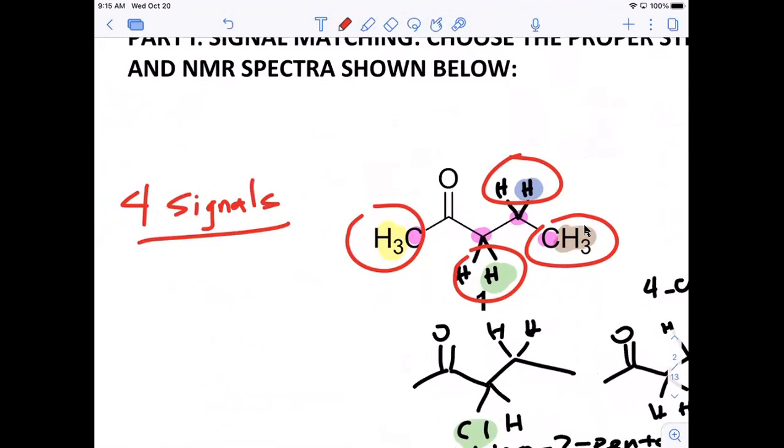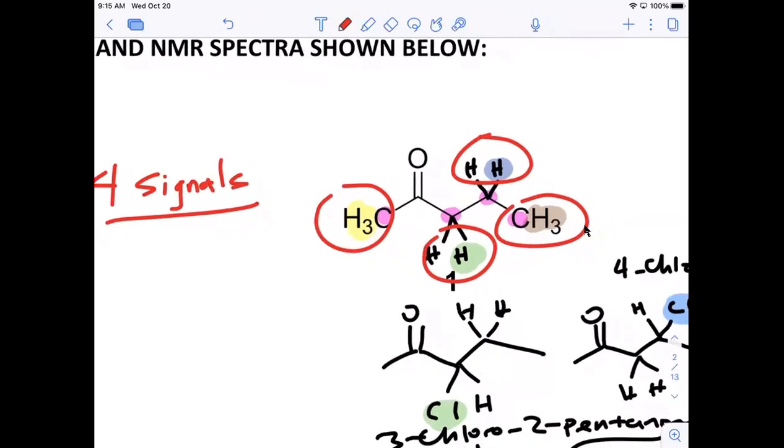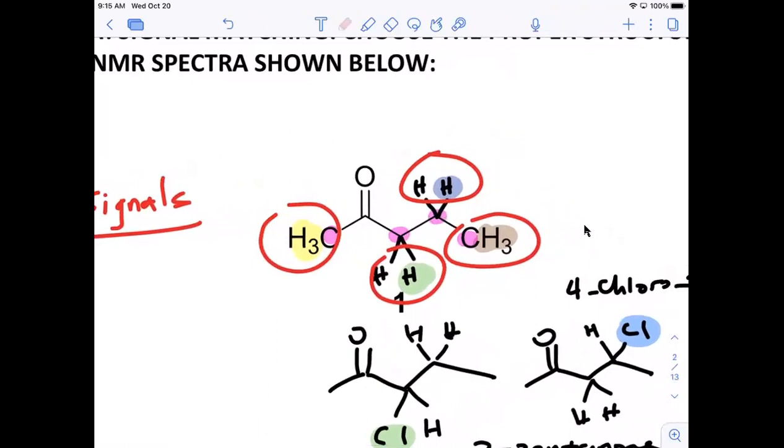Is that right? Yes, I have a question. Go right ahead. So when you're comparing equivalency, you're comparing the hydrogens on separate carbons as one? Yes. So remember, these are heterotopic. Remember that term from Monday?